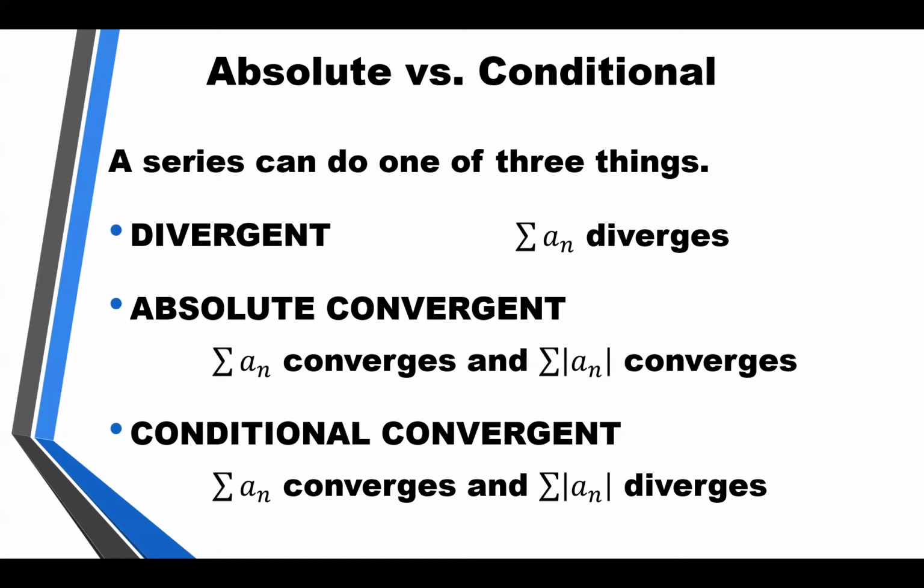So really, this distinction between absolute and conditional convergence is only a thing in alternating series, basically. There are some other places where it comes up, but alternating series are the main place where that distinction comes up.